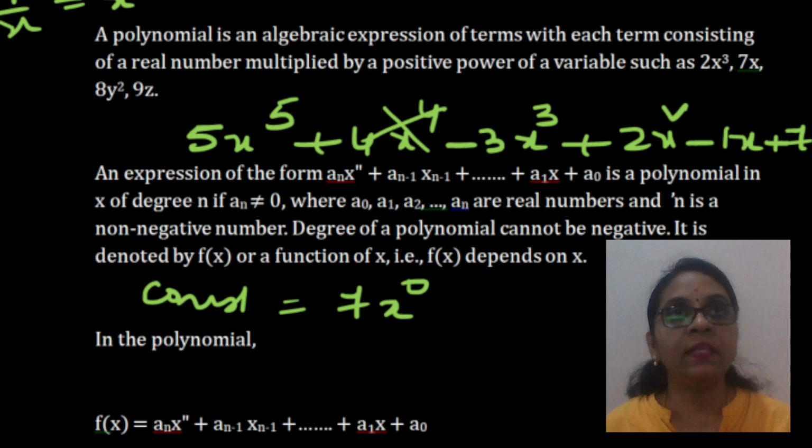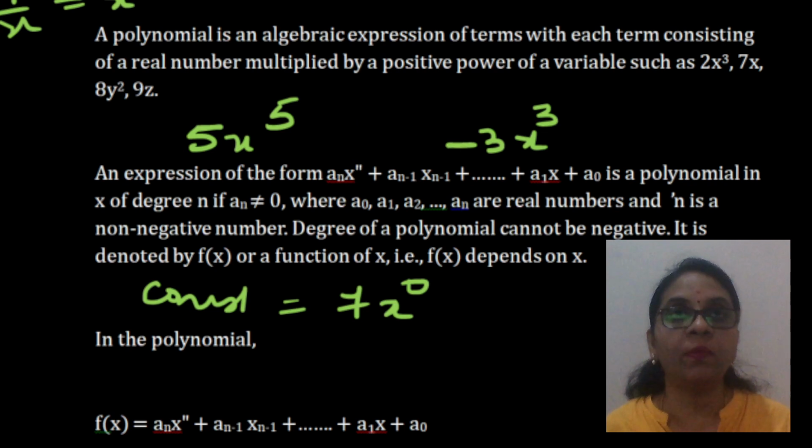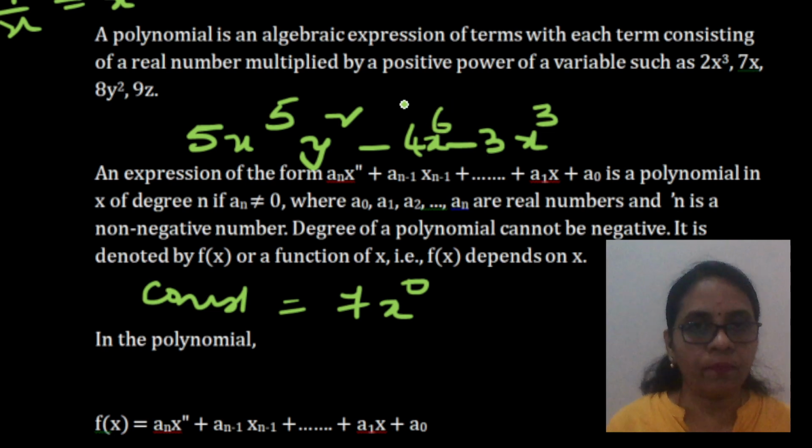Suppose I am writing this polynomial as 5x^5 y^2 - 4x^6 - 3x^3.